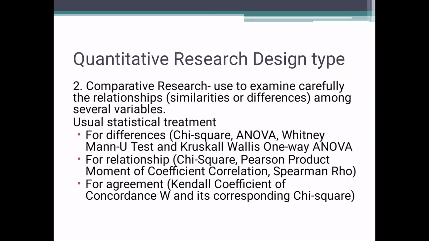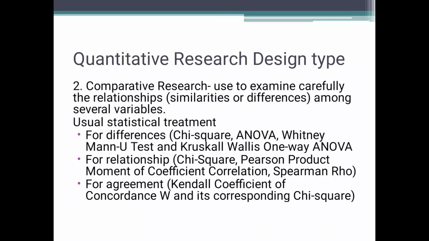So, siguro na-encounter nyo na to along the way when you're having your statistics during your senior high school and college days. For the relationship, ang ginagamit dito is chi-square kasi ang chi-square po is may iba't ibang uri, depende sa test. Pearson product moment coefficient of correlation and Spearman rho. So yung chi-square at Spearman rho are non-parametric, meaning to say, pag non-parametric, ginagamit natin yung ranking nung data.